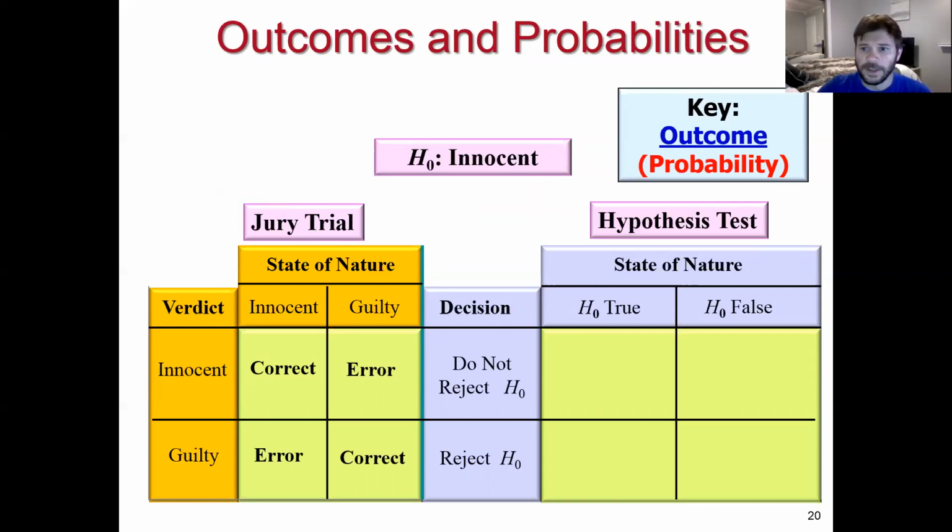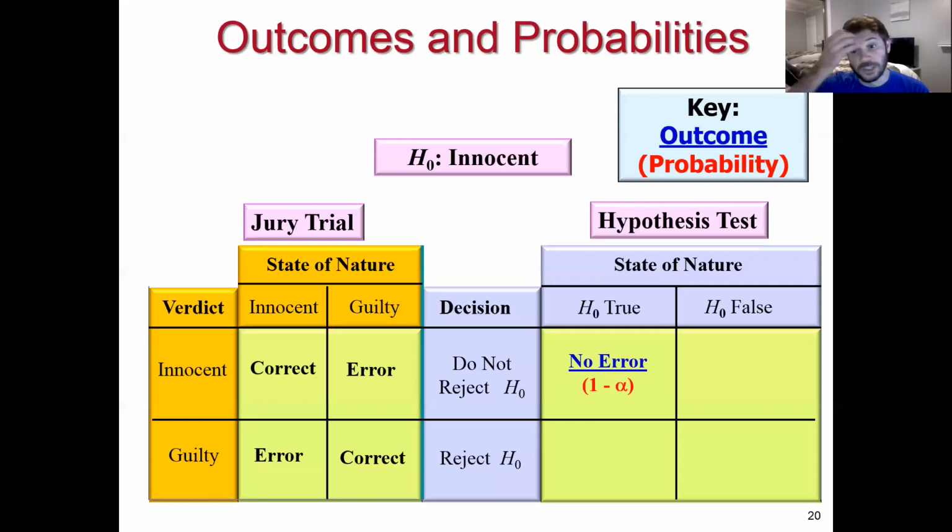If the null hypothesis is true and we correctly do not reject it, this is a situation where we do not make a type 1 error. That is us correctly not rejecting a null hypothesis.